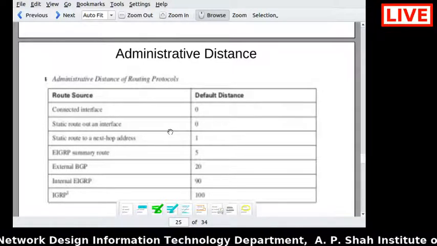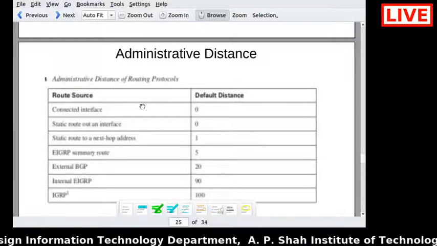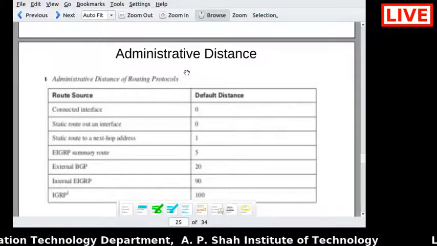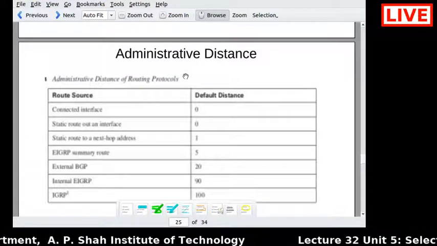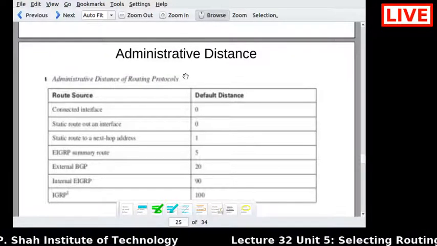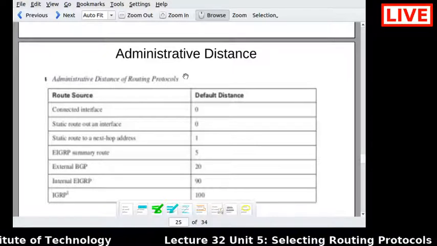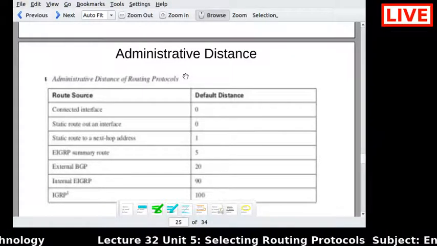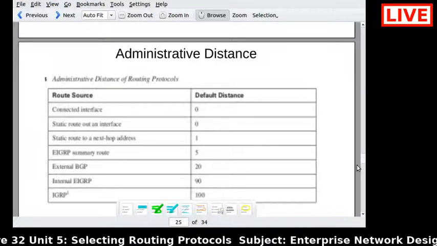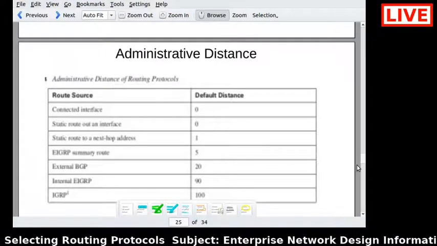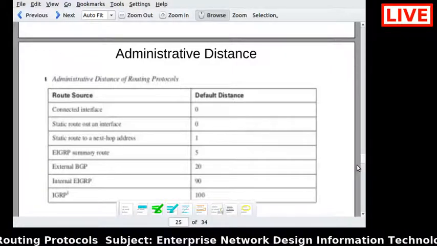The Cisco routers we are going to use use a value called administrative distance to select the best path when they learn of two or more routes to the same destination from different routing protocols. This administrative distance rates the routing protocol's believability.